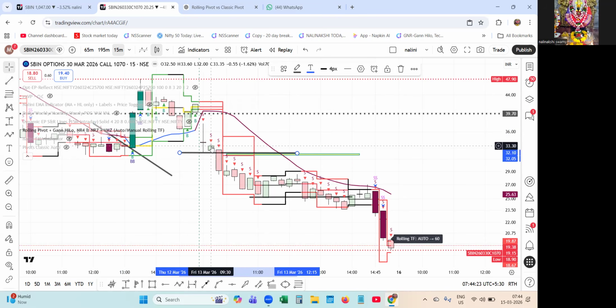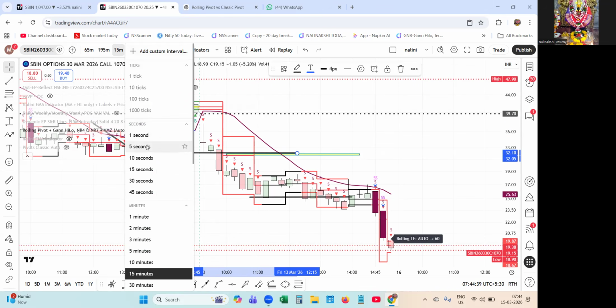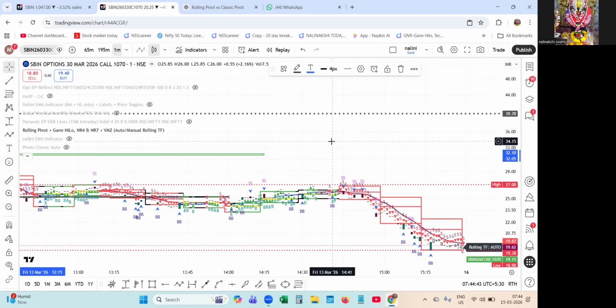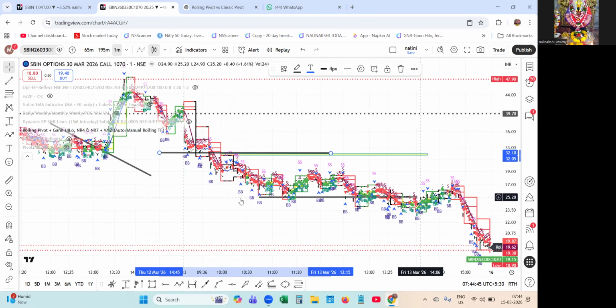People without the code, without the pivots, tend to enter into the market. You will think it is a reversal. Even a scalper makes this mistake on the lower time frame. If I go to the lower time frame, for example, most scalpers trade on 1 minute. Let me go back to this.